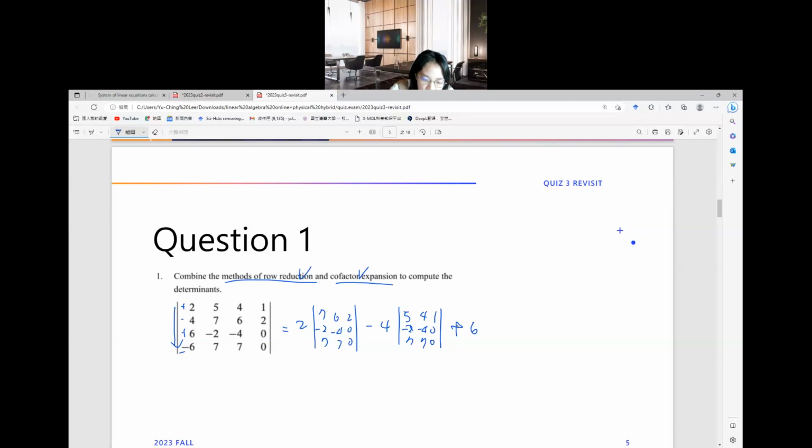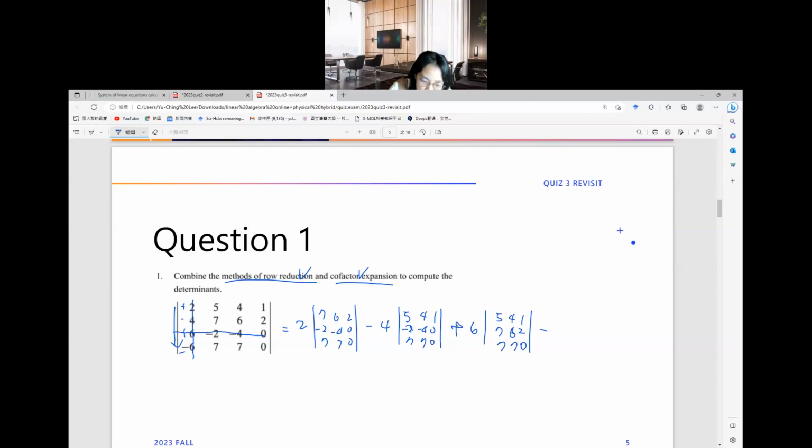And then for the third cofactor, it's equivalent to plus 6 times the 3 by 3 matrix, which was obtained by eliminating the row and the column and copying the values, and 7, 7, 0.